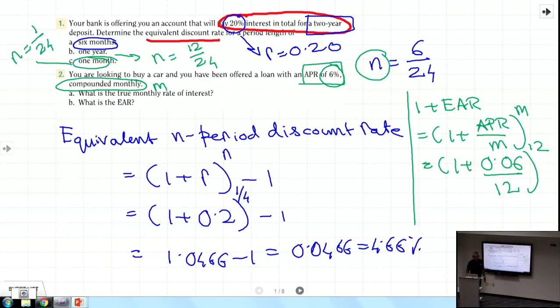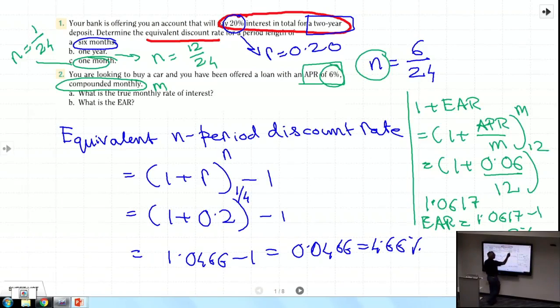That gives us 1.0617. Thus, equivalent annual rate will be 1.0617 minus 1, or 6.17%.